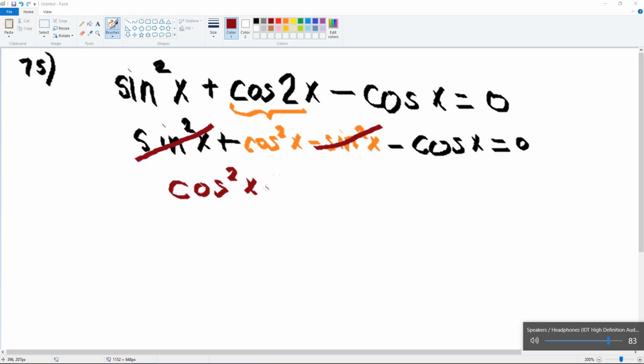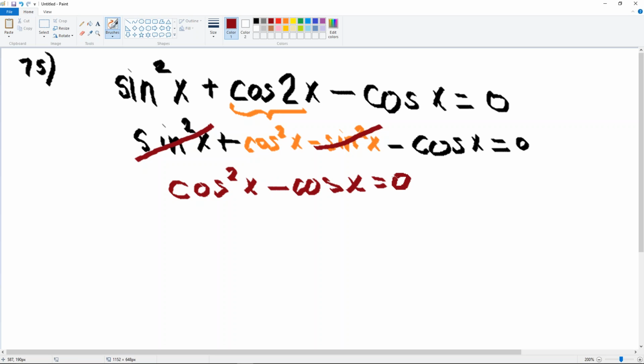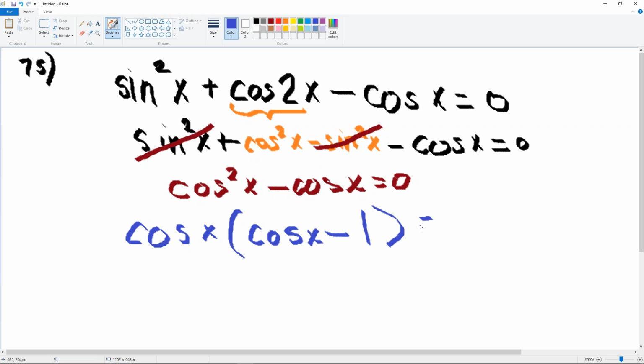So cosine squared of x minus cosine of x equals 0. And what do they have in common? They have one cosine in common. So factor it. Set each one equal to 0 and solve for it.